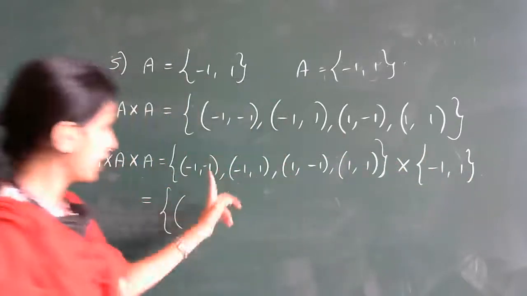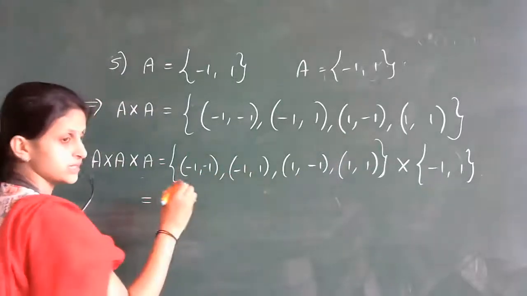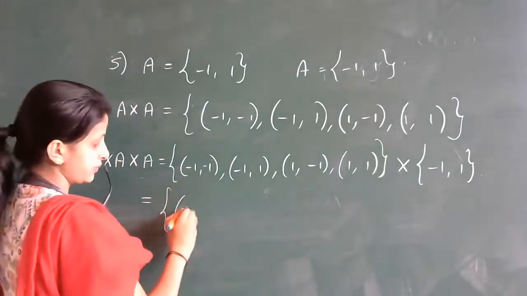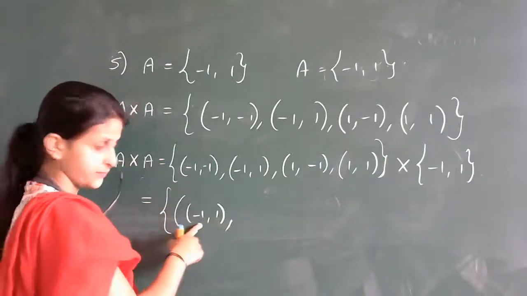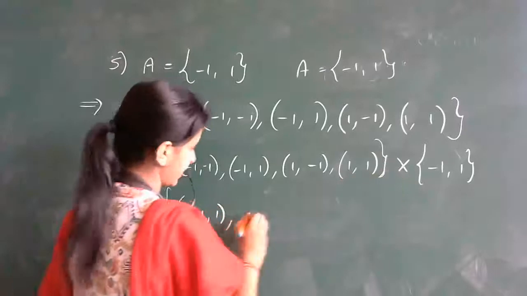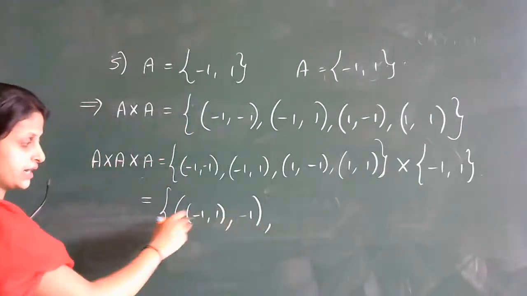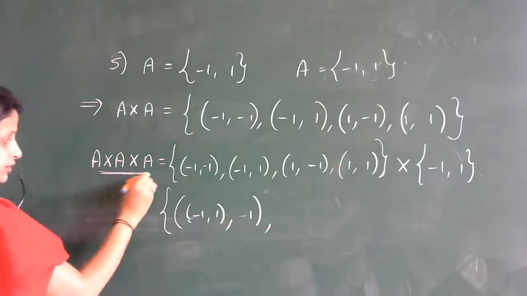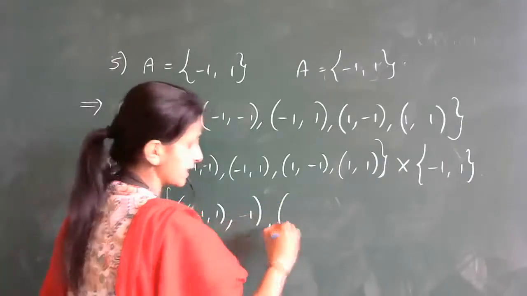Now I want to write the Cartesian product of these two sets. So how I will write it? Please listen here. My first element will be minus 1 comma 1, and then I will take the first element of the second set. So this whole thing will be my first element in this Cartesian product. Right, students? Similarly, what will be my second element?